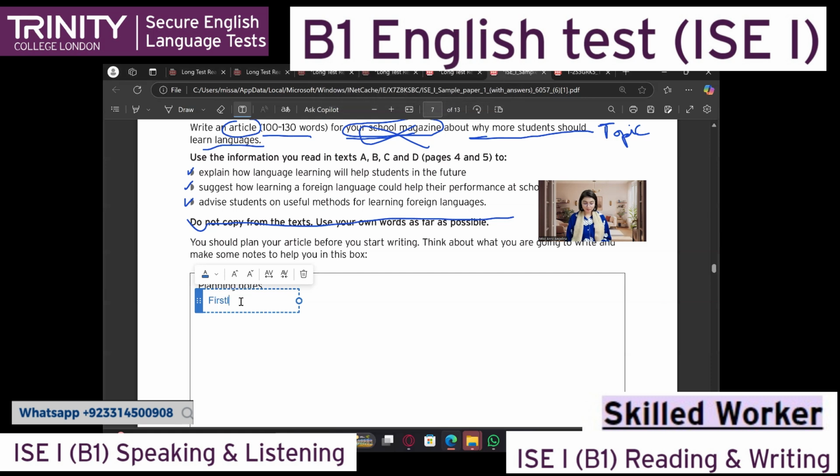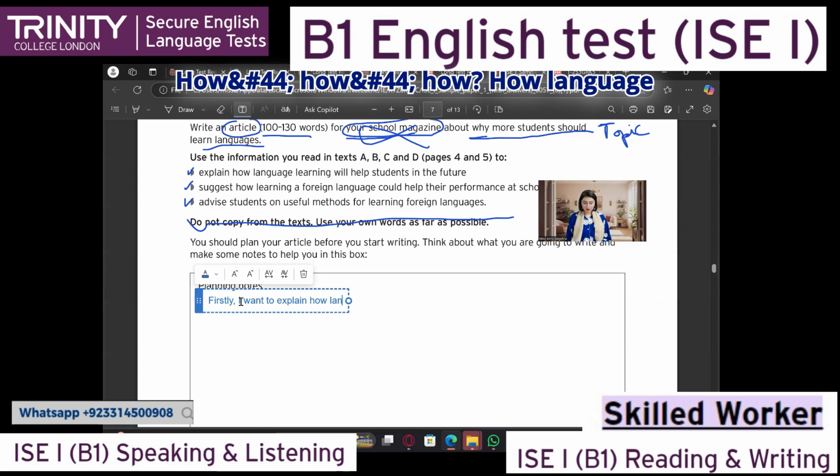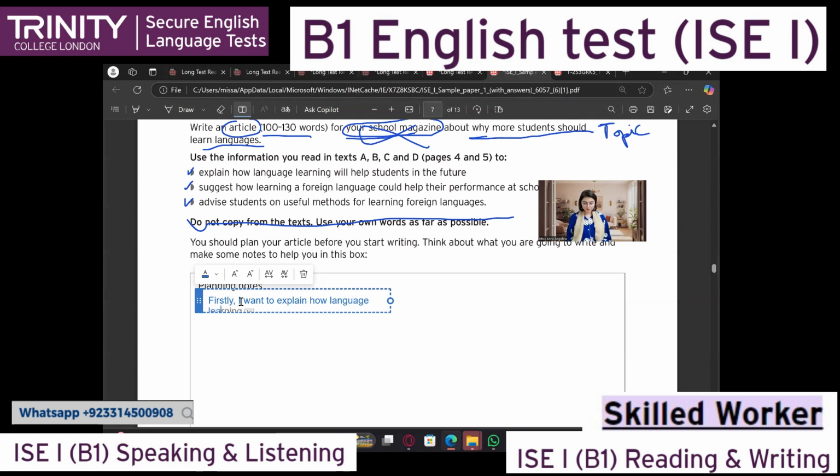How will you start off? Firstly, comma, I want to explain how language learning will help students in the future.